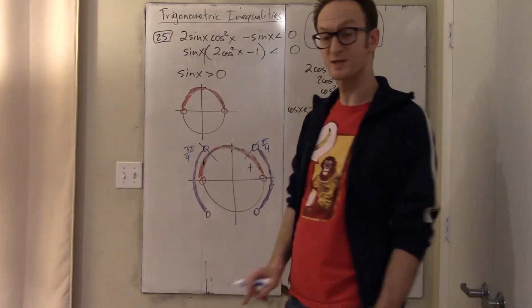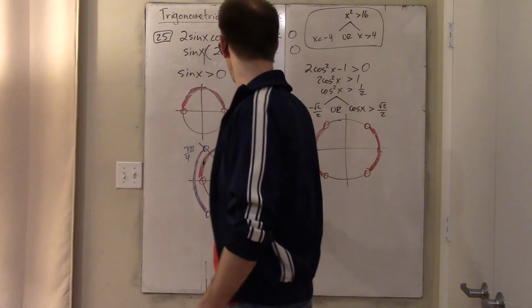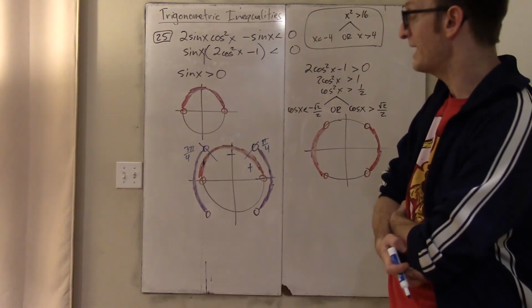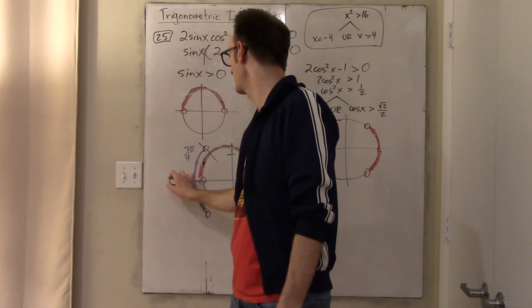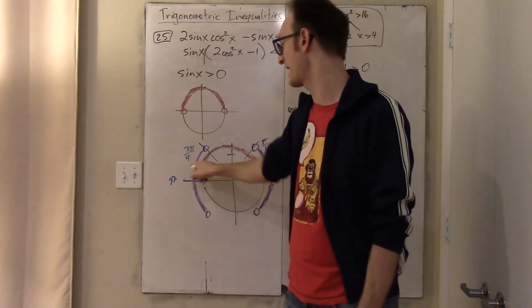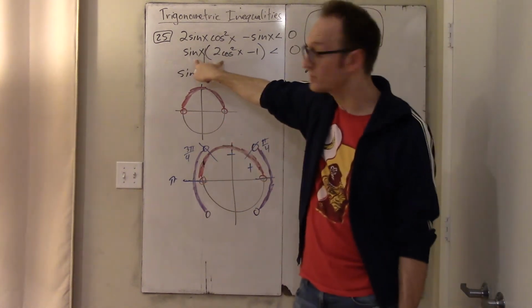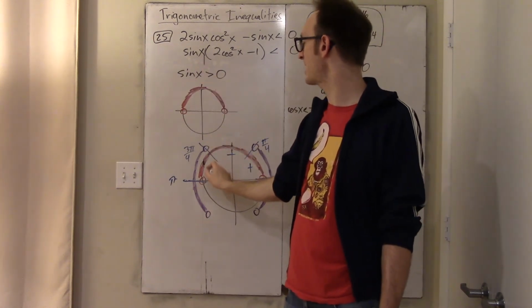That means one is positive and one's negative, so the product is negative. I'm kind of inventing my own system here. But then between 3 pi over 4 and pi, they're both shaded again. Since by default we shade when the factor is positive, both factors are positive, so their product is positive.